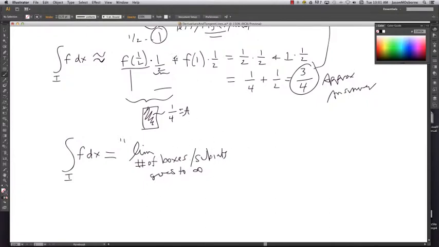We're going to take an infinite number of boxes and sum the area of the boxes.